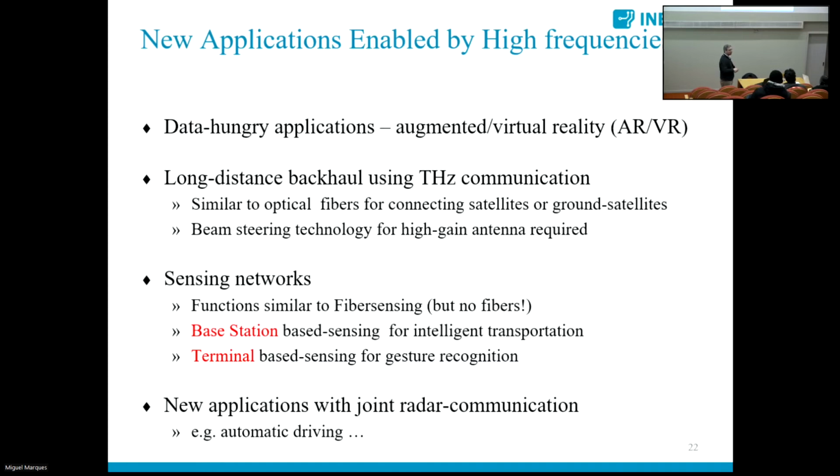And same for terminals. When terminals communicate by using very high frequencies, these terminals, by sending these signals, will be able to see your hand, your gestures, your face.